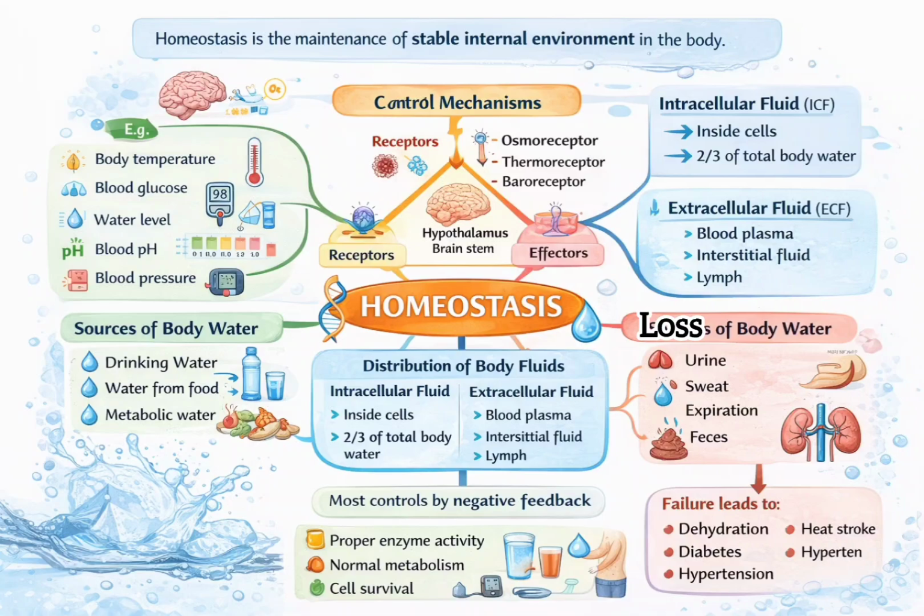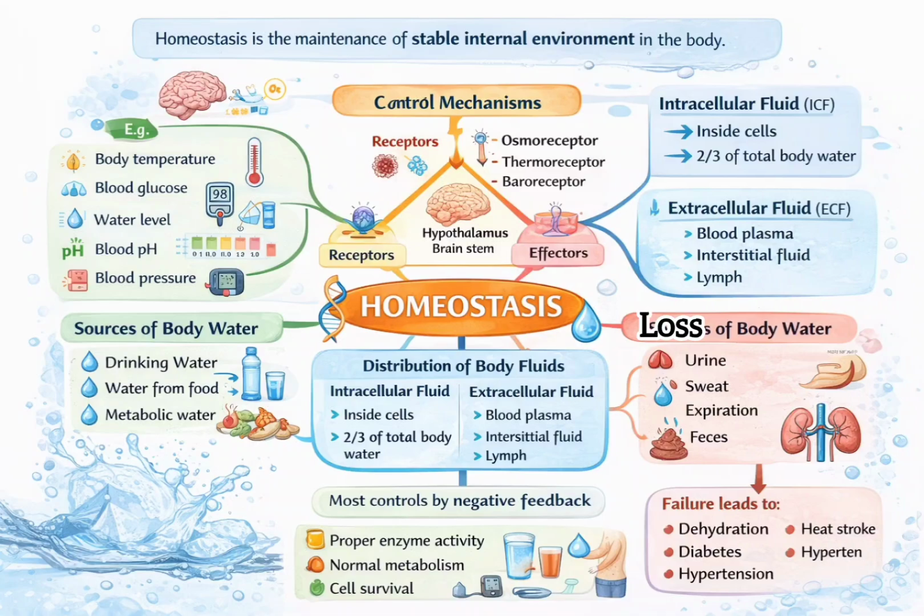Homeostasis is the ability of the body to maintain a constant internal environment despite changes in the external environment. Like it is winter now, but your body is maintaining your temperature. Your body is not as cold as the weather or the environment.